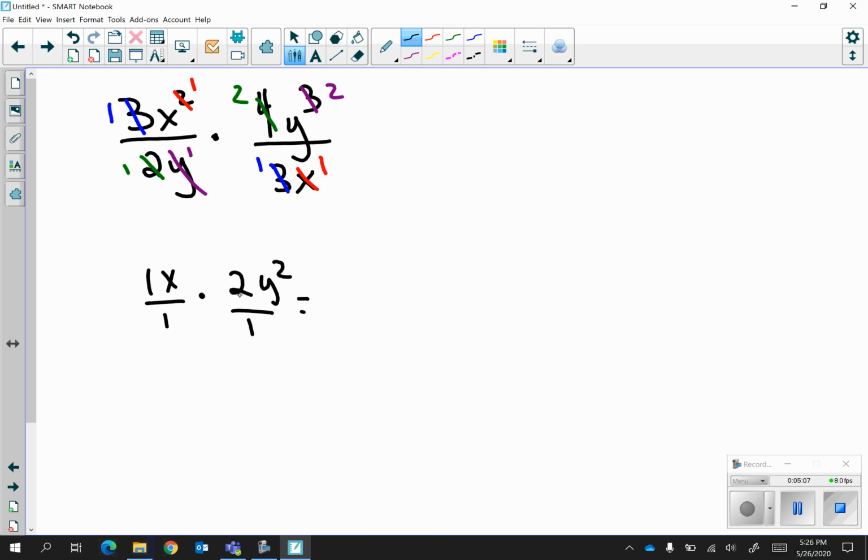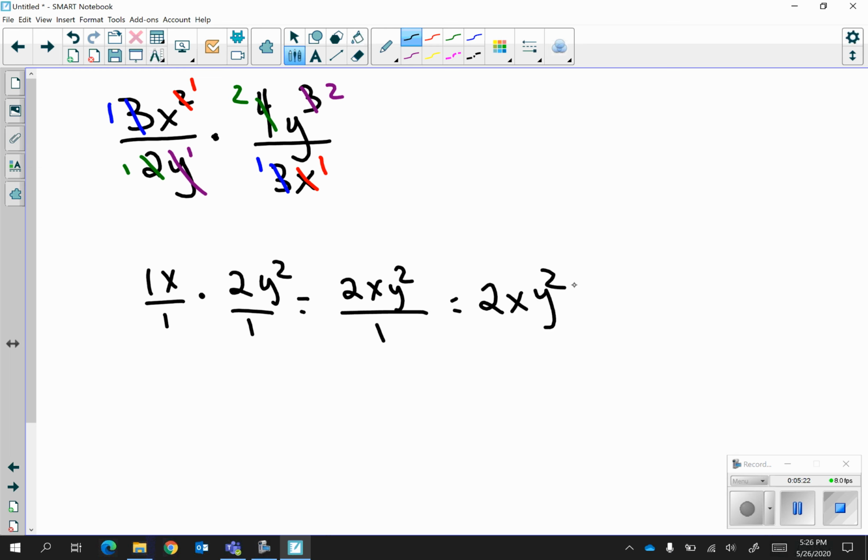From there, 1 times 2, your coefficients being multiplied, is 2. X times y squared is xy squared over 1 times 1, or just 2xy squared.